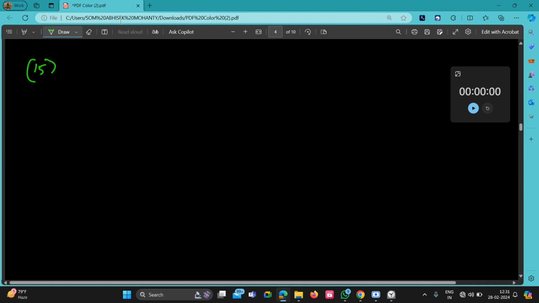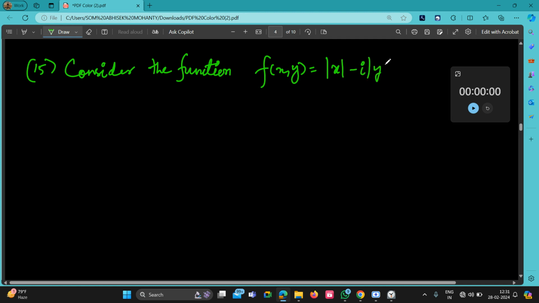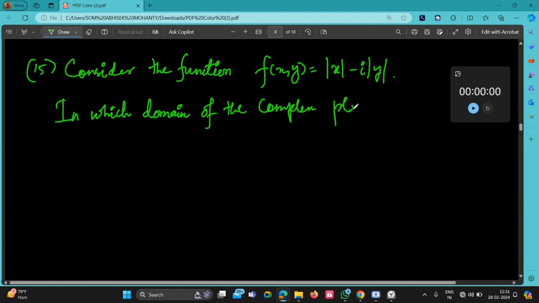Consider the function f(x, y) is equal to mod x minus i mod y. In which domain of the complex plane is this function analytic?